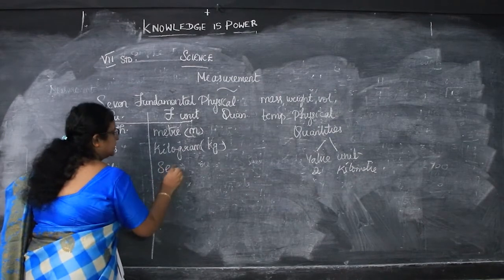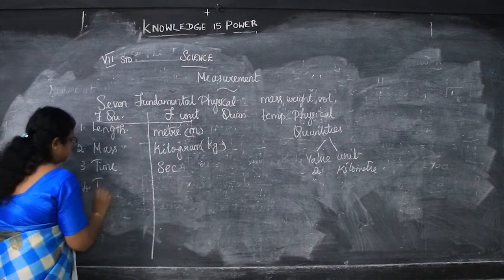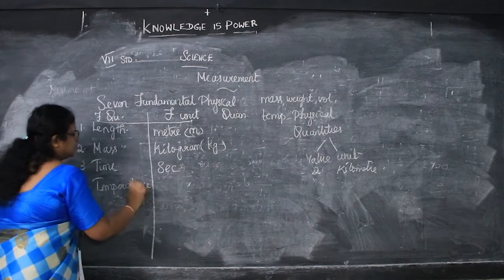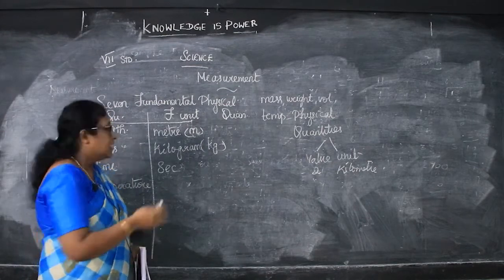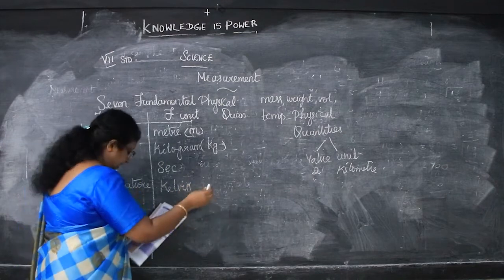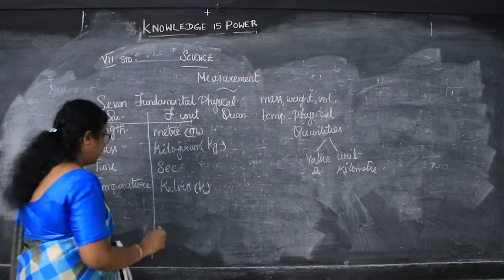So the unit is seconds. Then temperature. Mostly we see the temperature in Celsius and Fahrenheit. But in fundamental quantities, the temperature unit we use is Kelvin. So Kelvin is used for temperature.